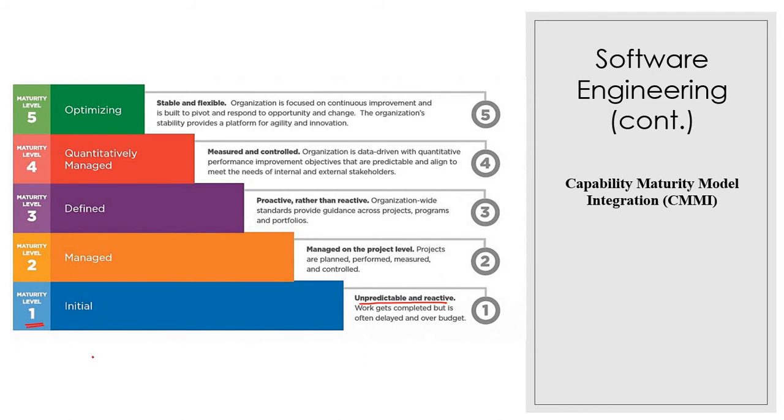The maturity level becomes better as the number increases. The stable and flexible is maturity level number 5. If a particular software development gets maturity level number 5 according to the CMMI, basically the software is at its highest achievement level.